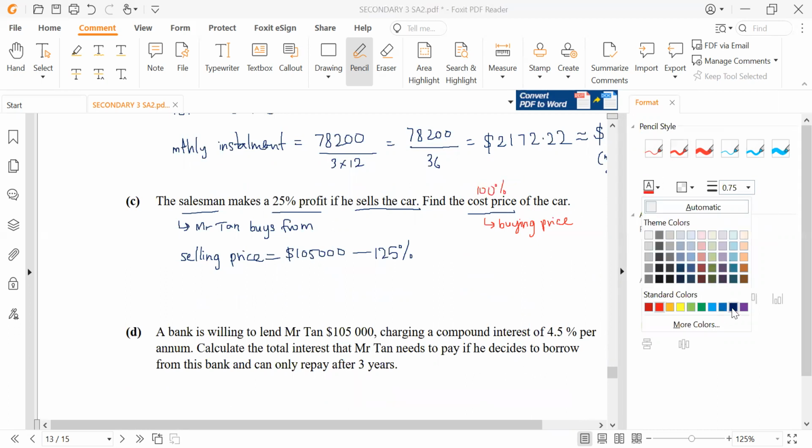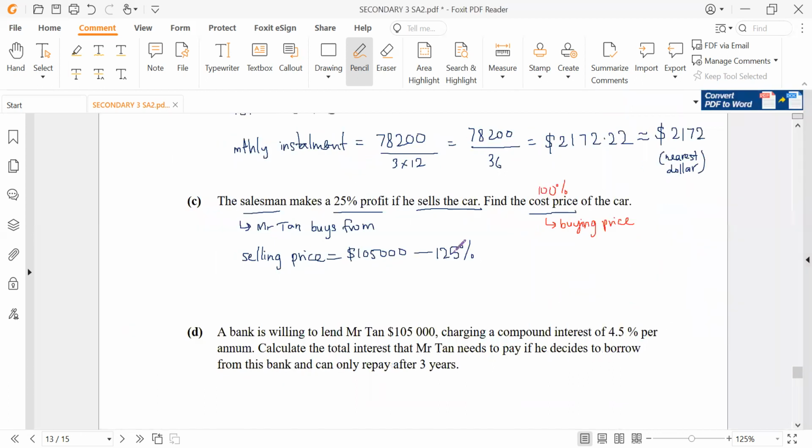So this question is actually asking you for the 100%. So how do you find 100%? The cost price is 100%. Right, therefore, the answer will be, how do you do the working? 105,000 divided by 125 times 100, or you can go up, divide, go side times, which is 100 over 125 times 105,000.